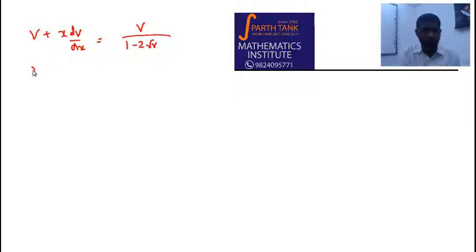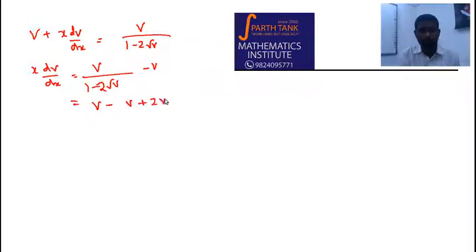Bring v to the other side. x dv by dx is v by 1 minus 2 root v minus v. This becomes v minus v plus 2v root v by 1 minus 2 root v. v and v are gone.